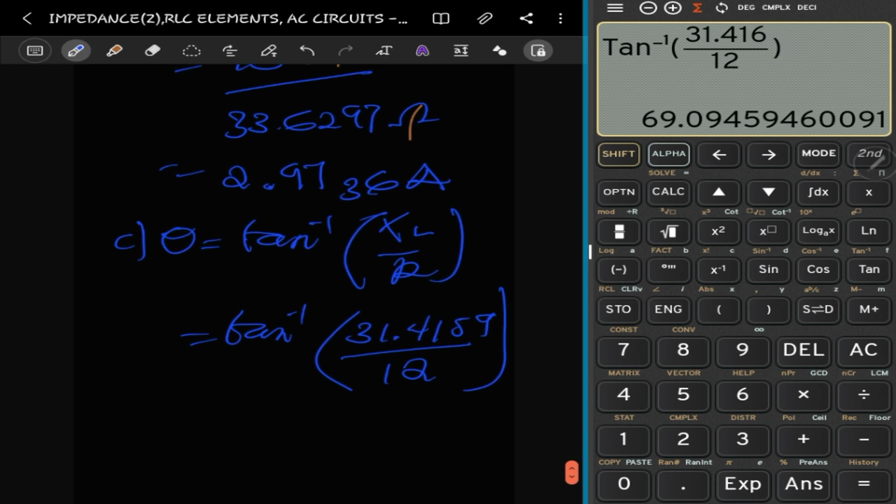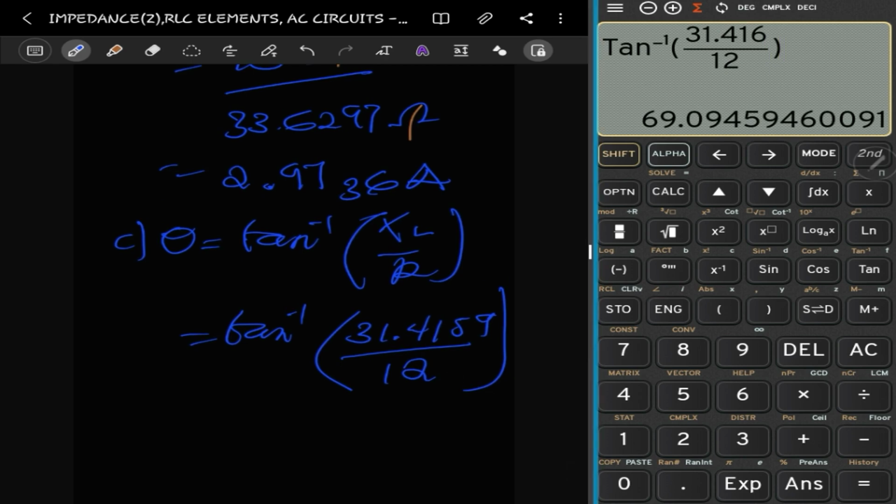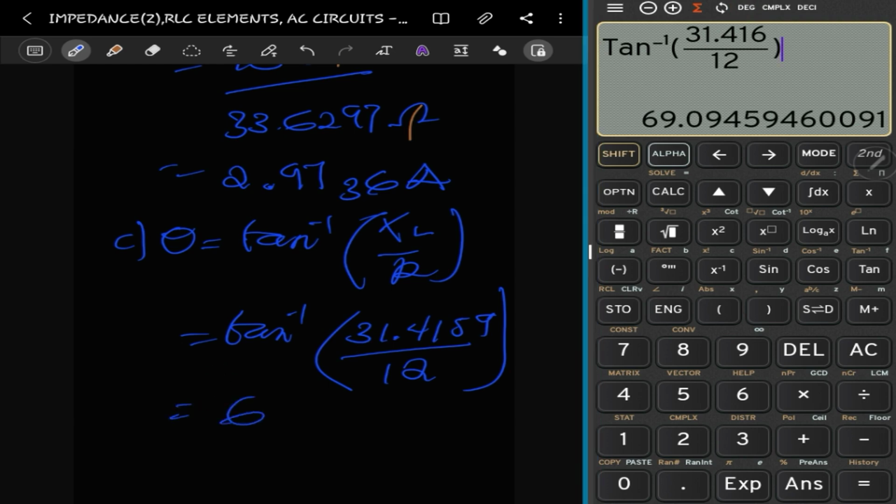Then again, because you are dealing with degrees, make sure your calculator is in DEG, not rad or gradians. So that gives us 69.0946 degrees. So that's it.